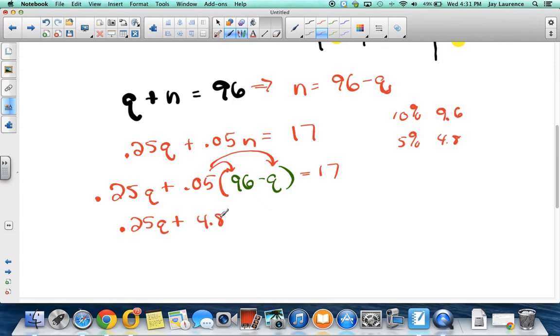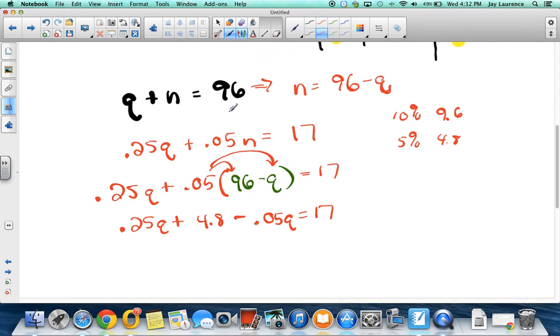I feel like I've made a mistake there. 10%, 9.6, so 5% is half of that. I'm going to check that on a calculator only because I'm second guessing myself. I'm pretty sure I'm right, but I want to double check. So 0.05 times 96, and yeah, we're good.